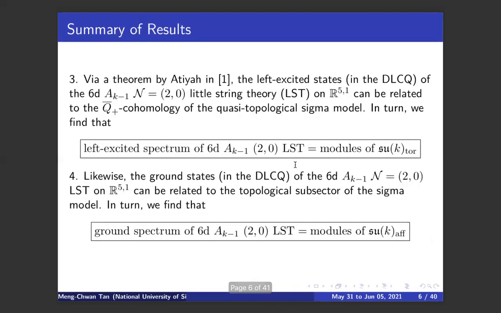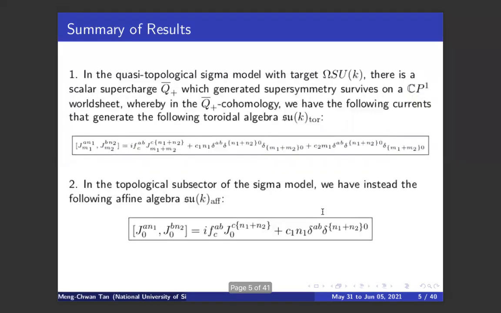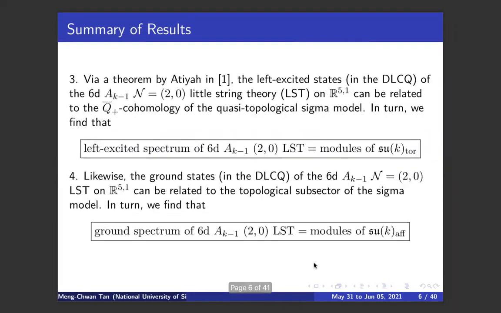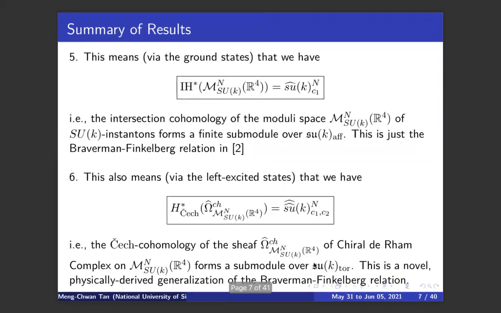Likewise, the ground states of the little string theory can also be related to the topological subsector of the model, and that will be related to the modules of SUK. That's because here you can see that in the topological sector, we have an SUK affine algebra. Okay, now let's go on.